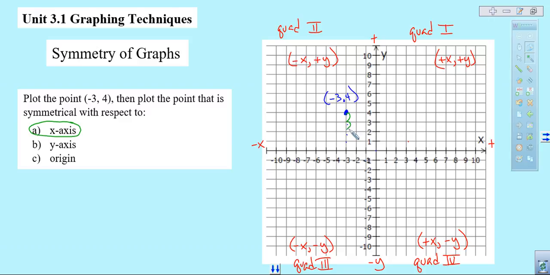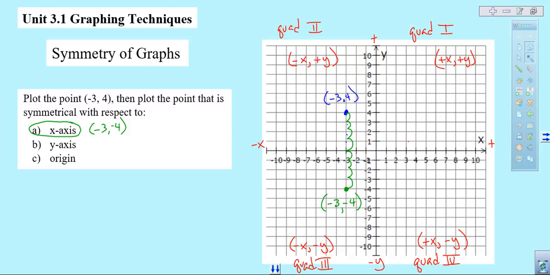This is 1, 2, 3, 4 units above the x-axis, so it'll be 1, 2, 3, 4 units below the x-axis. And you can see that for that ordered pair, the x value didn't change, but the y value did. So this guy would be negative 3, negative 4. I don't know why I changed colors there.